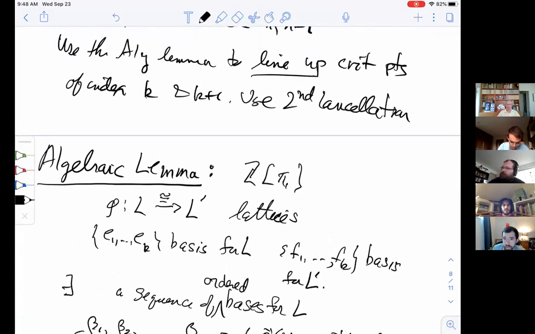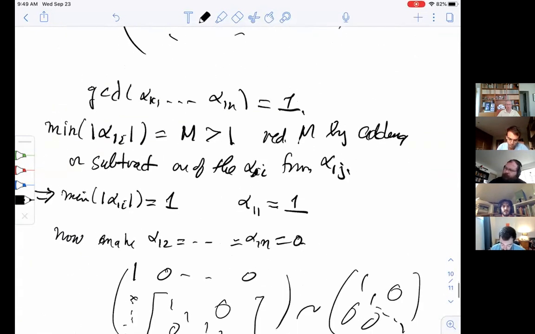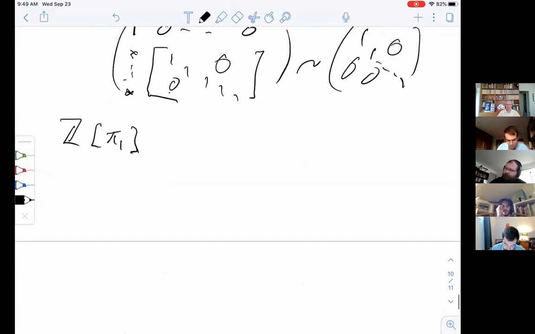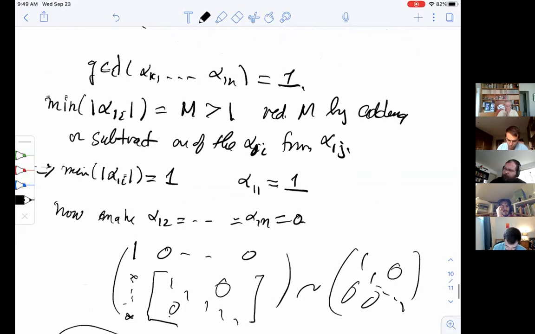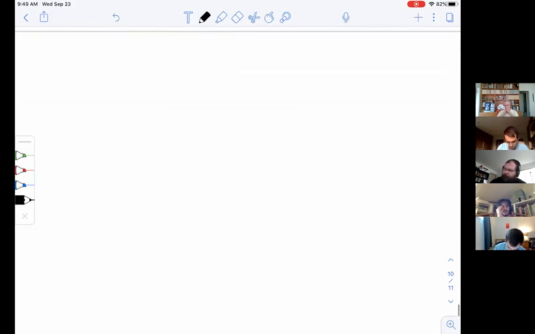In our case, pi 1 was trivial, so the integral group ring is just the integers. I have the Euclidean algorithm and everything works fine. When I do non-simply connected manifolds, this turns out, as I'll show you later, to be the ring that you have to try to do this argument over, and so there's an obstruction. Can't always do it. So that's the algebraic theorem. Any questions about that?